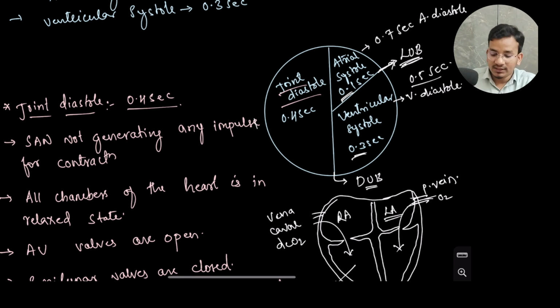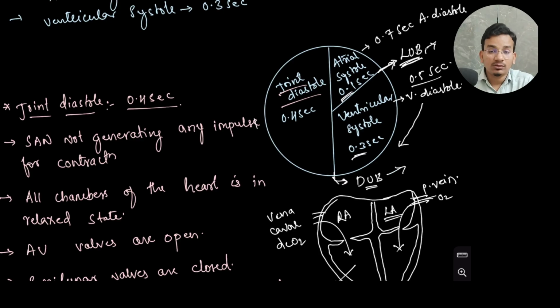So can you tell me the time duration between lub and dub? It is about 0.3 second, from the beginning to the ending. So the time between these two is 0.3 seconds.